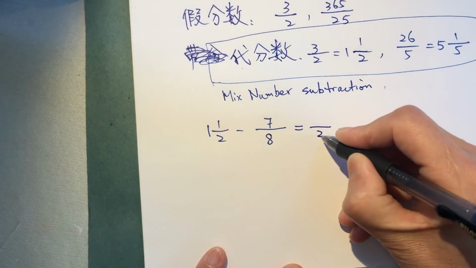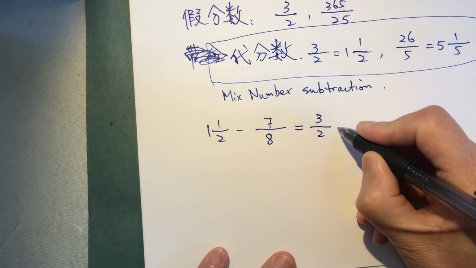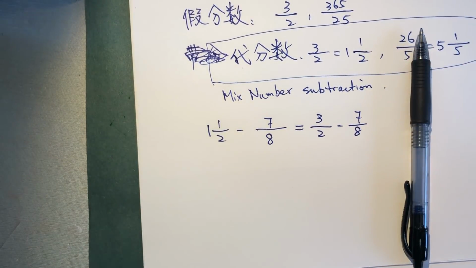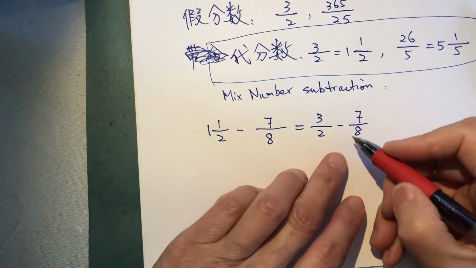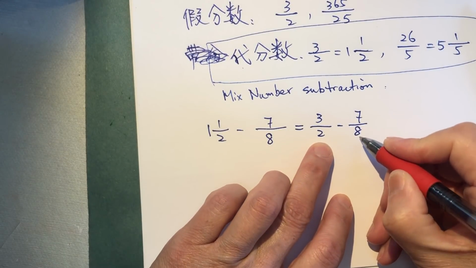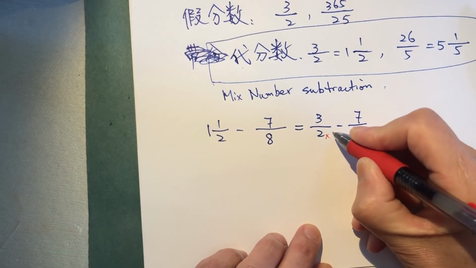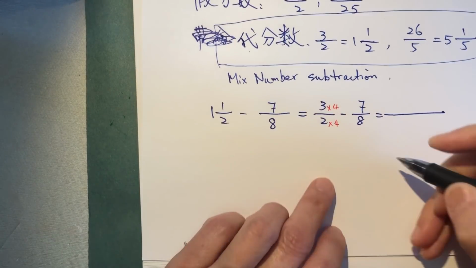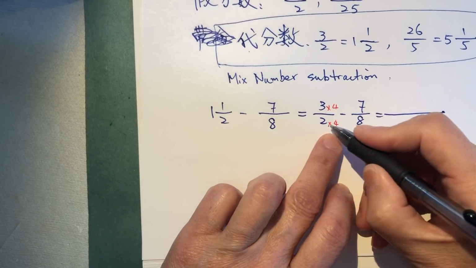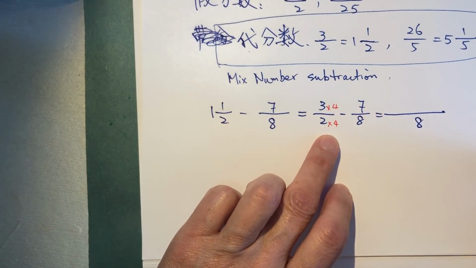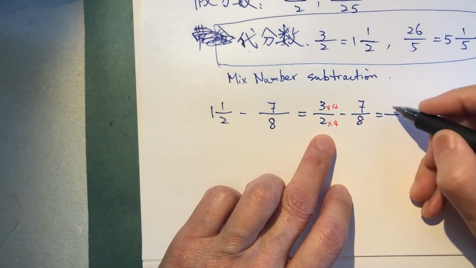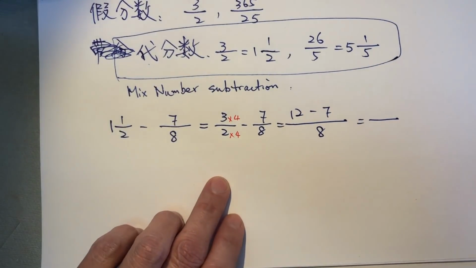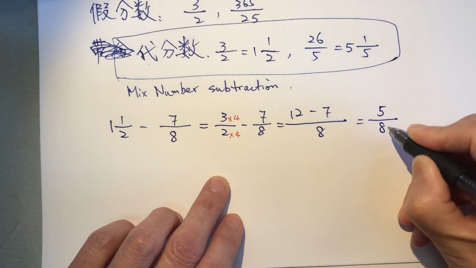So it becomes 3 over 2 minus 7 over 8. And now we can times to make the common denominator. Times 4, the denominator becomes the same, 8. The numerator is 12 minus 7 is 5 over 8.